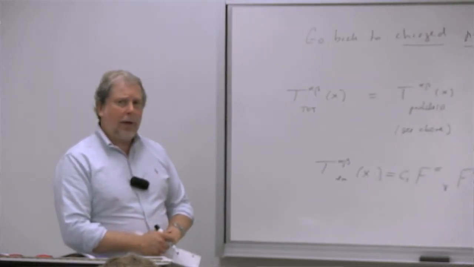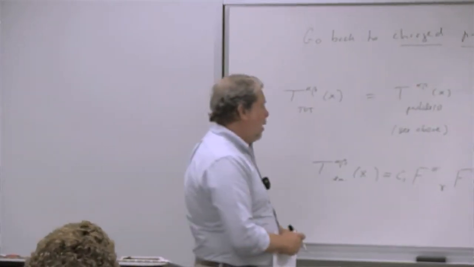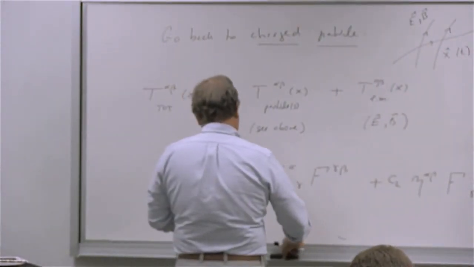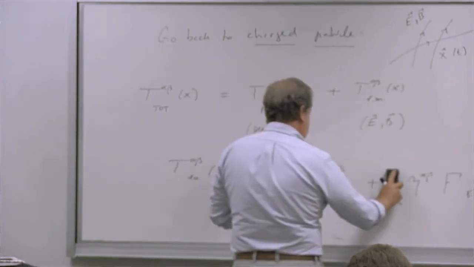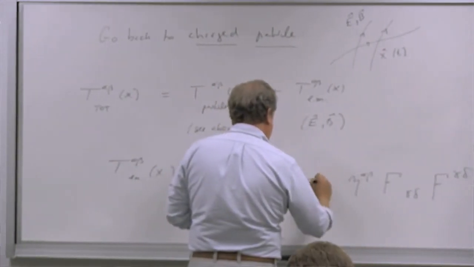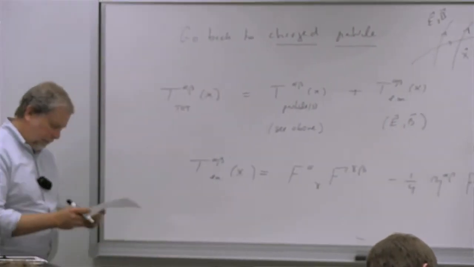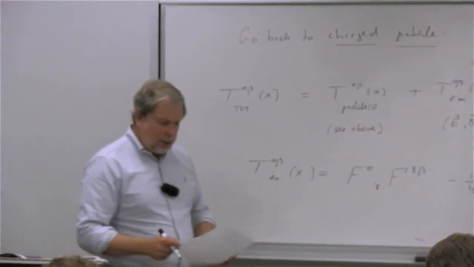There's nothing else, by the way, that you can have. And so you find, by a thing that I will explain in a second, that this has to be minus a quarter. And how do you see that?